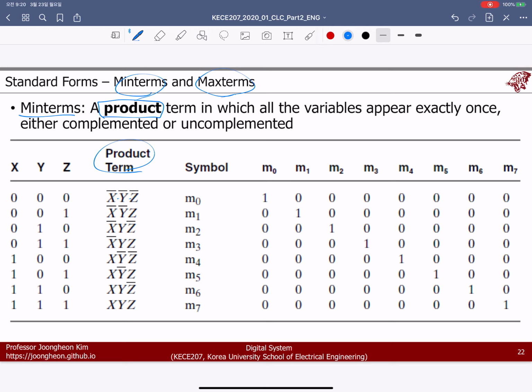So here, in product term, every single result should be 1. This one should be 1, this one should be 1, and this one should be 1. That's why when you are doing the AND gate operation, the result can be 0, the result can be 1, but in the AND operator, the unique solution is 1 when every single variable has the value 1, okay?